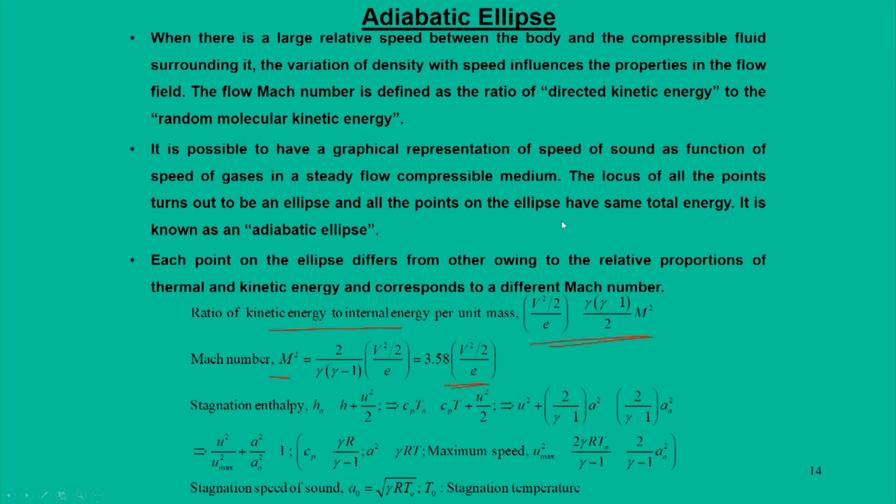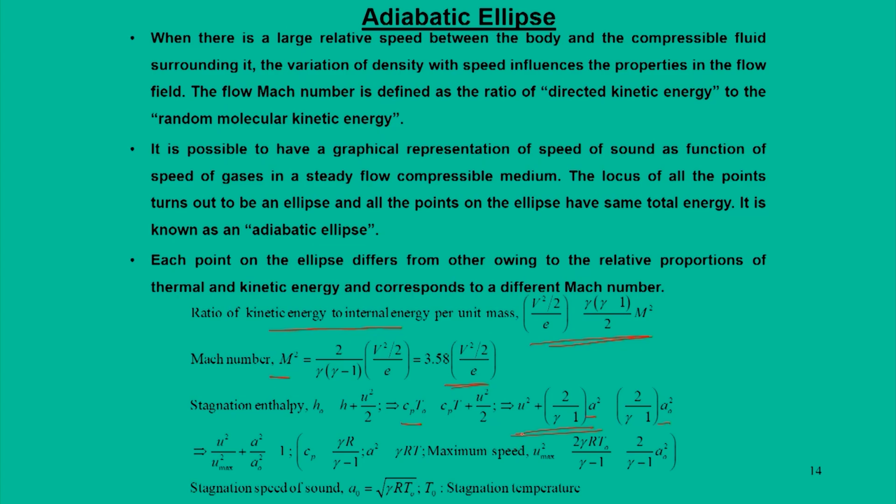So, how does that equation turn out? If you say it is the equation of an ellipse, how does it come about? You recall the expression for stagnation enthalpy: h0 is equal to h plus u square by 2. From this equation we arrive at this particular expression: u square plus 2 by (gamma minus 1) a square is equal to 2 by (gamma minus 1) a0 square.